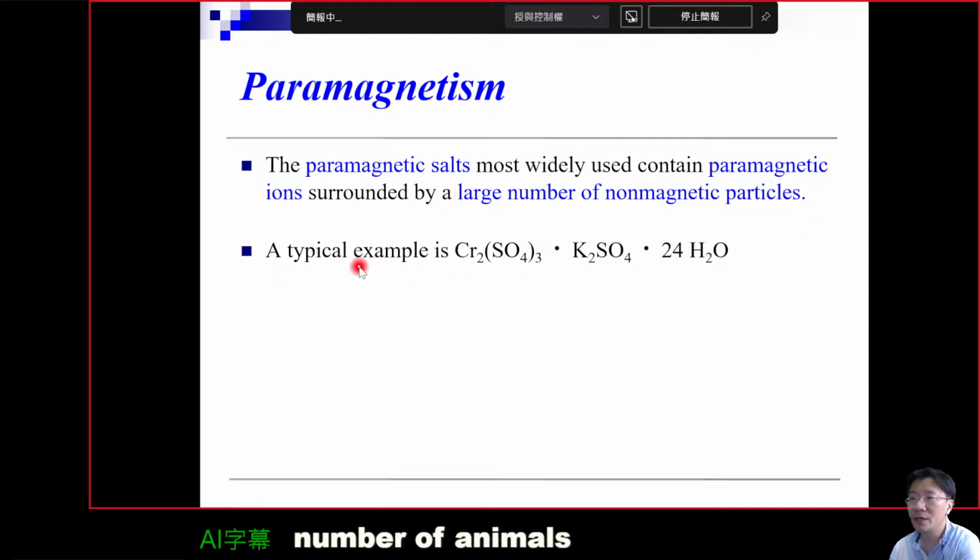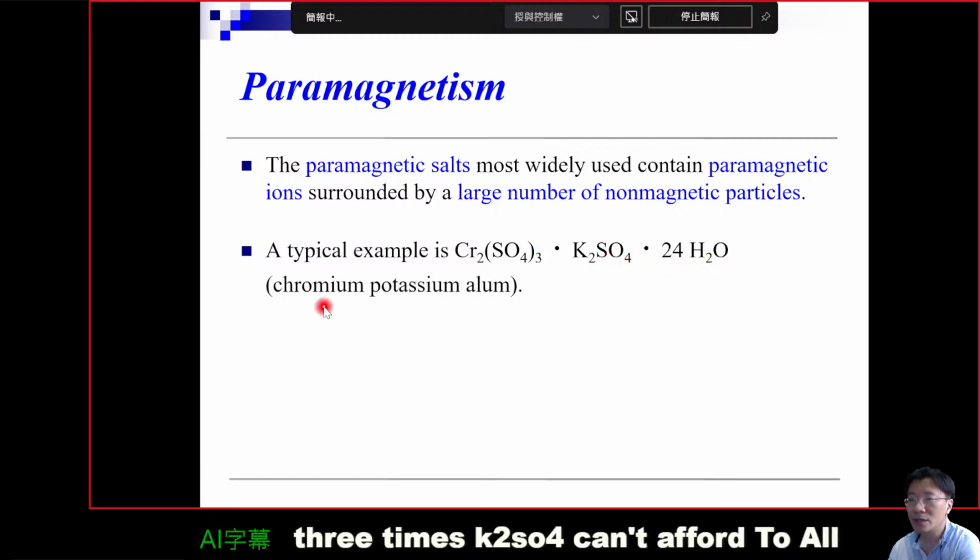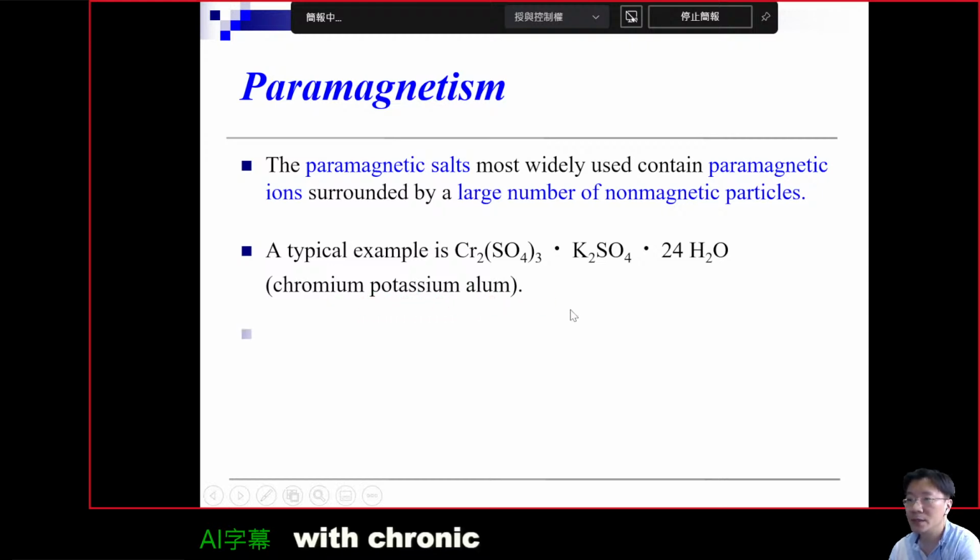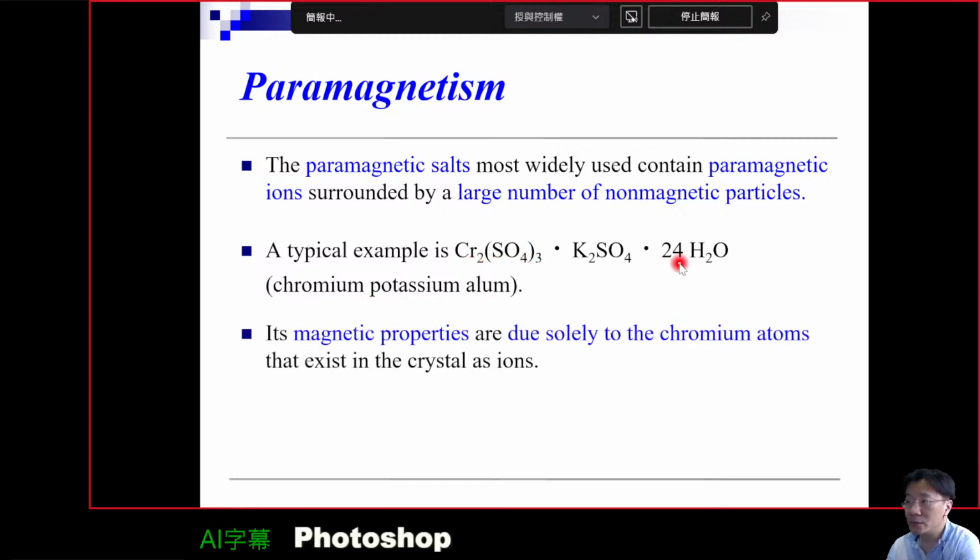Typically it is Cr2(SO4)3 times K2SO4 times 24 H2O. So this is chromium potassium alum. And for this case, the magnetic property is due solely to the chromium atoms.